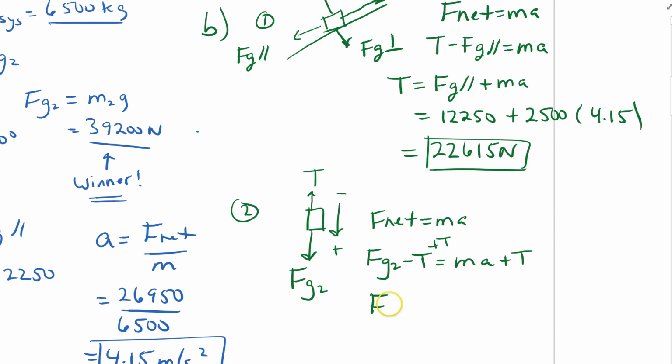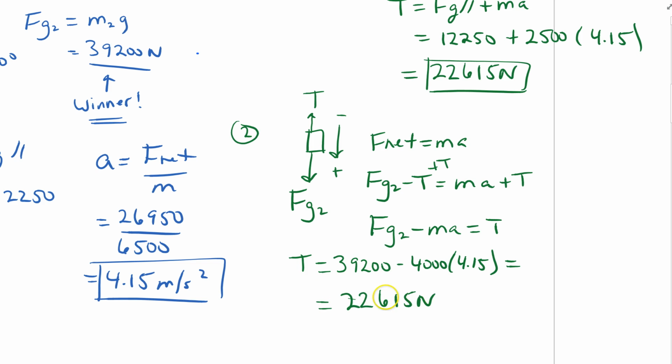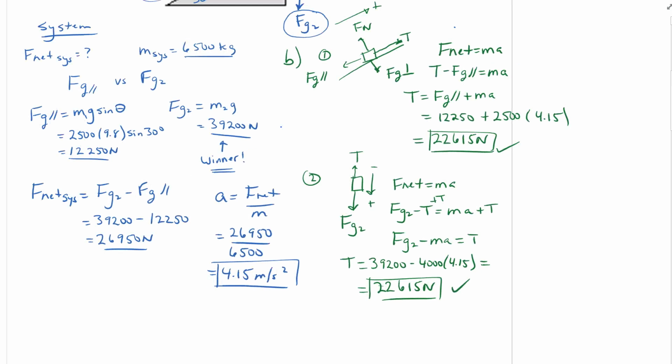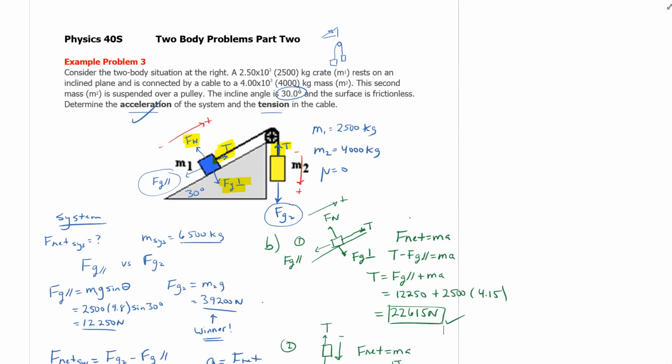So I'll have Fg2 minus ma equals the tension force. Doing my calculations here, Fg2 was 39,200 minus my mass times acceleration, which is going to give me an answer of 22,615 newtons. So there's my check. Excellent. So there's our acceleration, there's the tension in the cable.